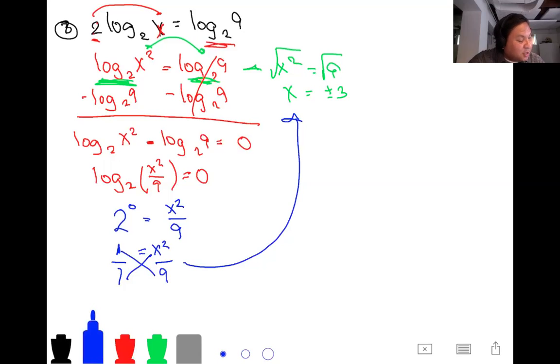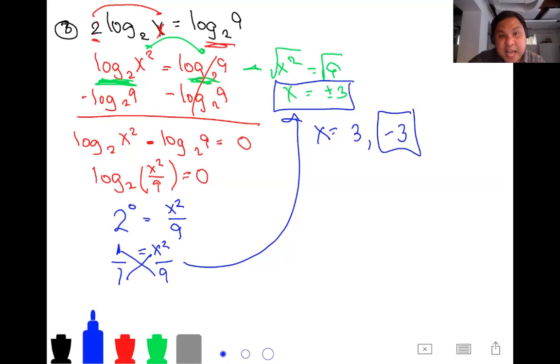Now, take note, since we have two answers here, x is equal to positive or negative 3, the question is, are both answers acceptable? Actually, no. Why? Because the negative 3 component actually fails if you take its logarithm. 2 times logarithm of negative 3. All right.